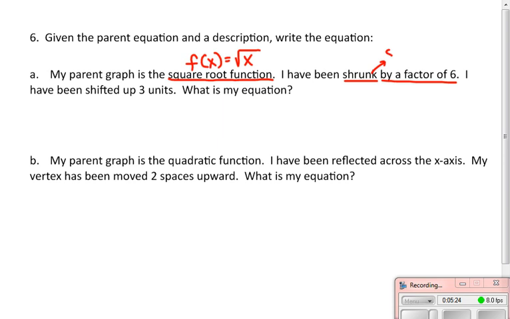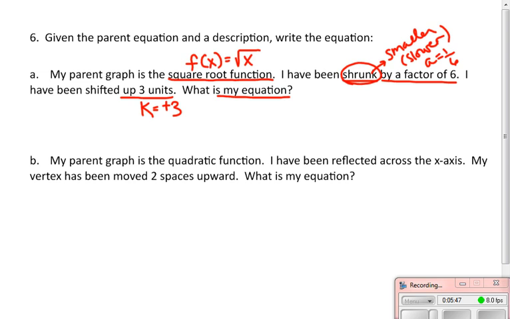Kind of key words: this is getting smaller or slower. So my a, which is my rate of growth, is 1/6. So that's a little tricky. You've got to watch that word shrunk. I have been shifted up 3 units, so that's k.